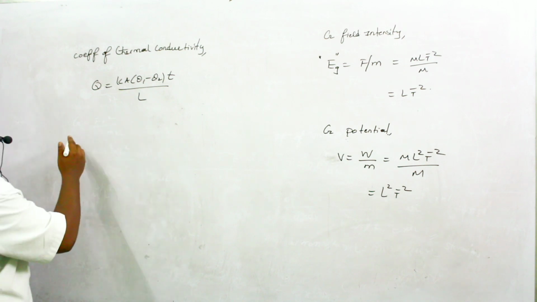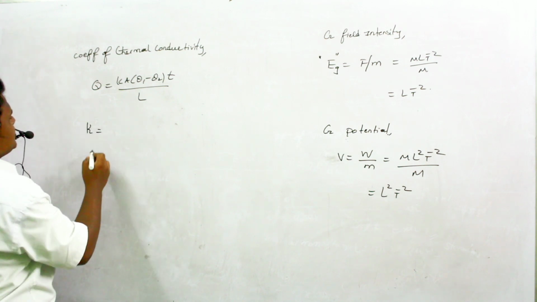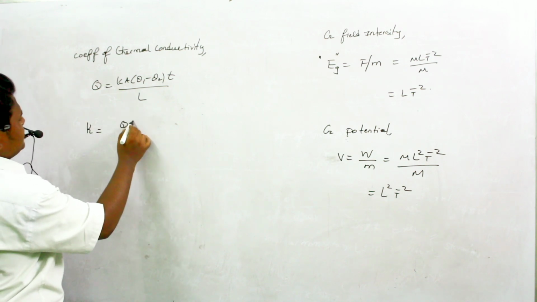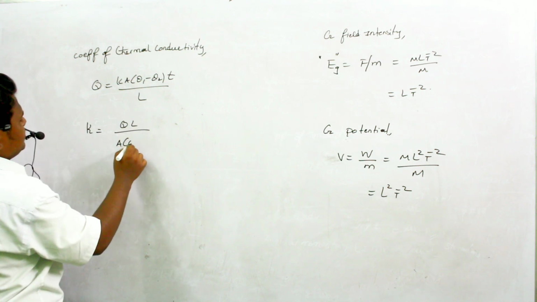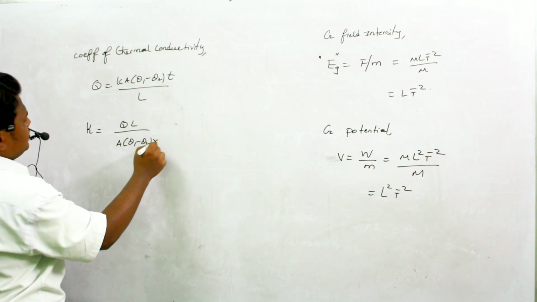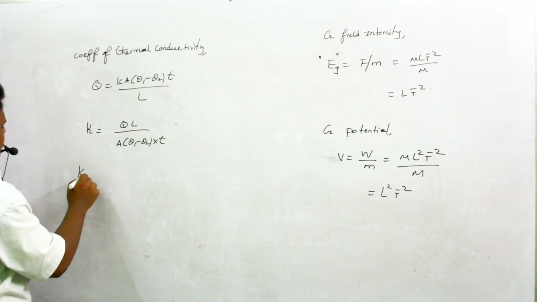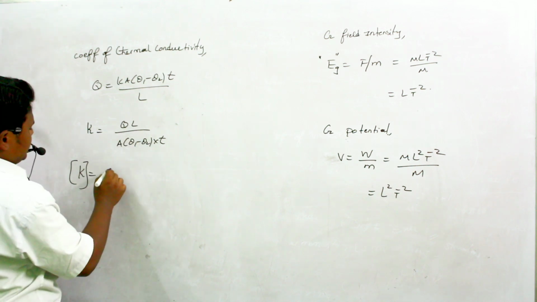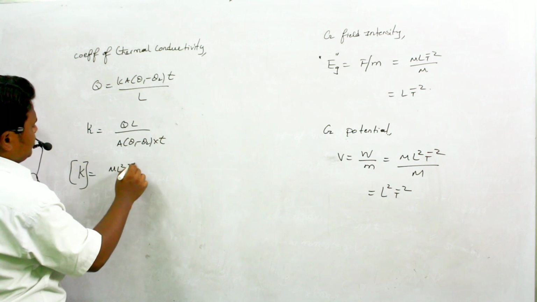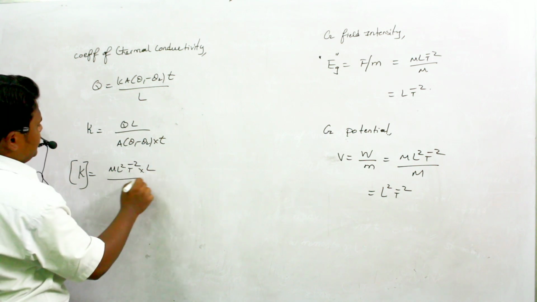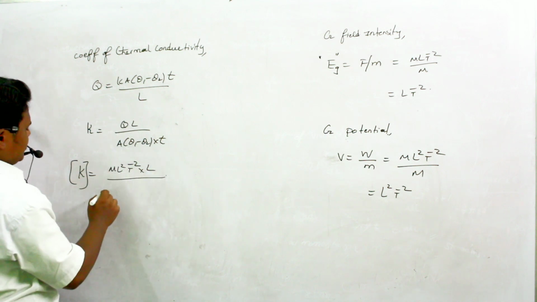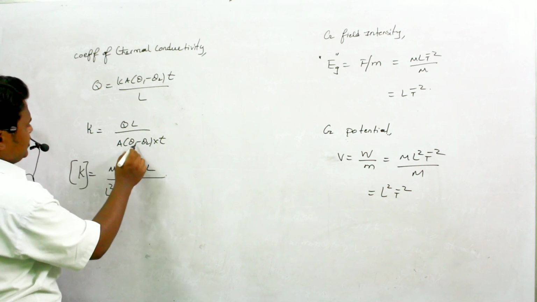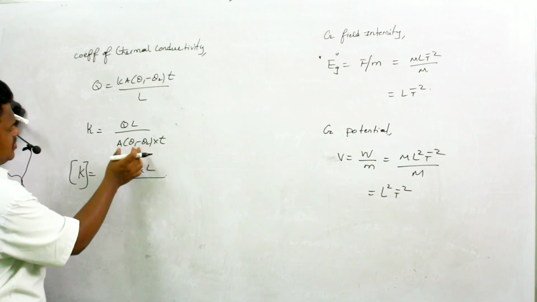So from here I can calculate the equation of K. K can be written as QL divided by A(θ1 − θ2)T. Therefore the dimension of K: Q is nothing but energy, so ML² T⁻² into L, divided by area with dimension L², and θ1 − θ2 is a temperature difference.